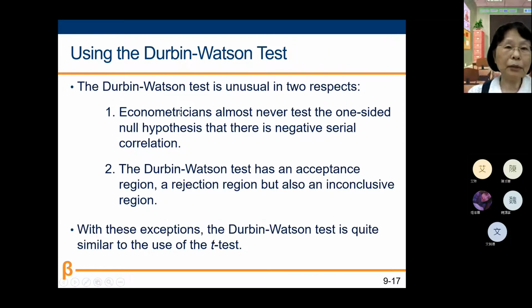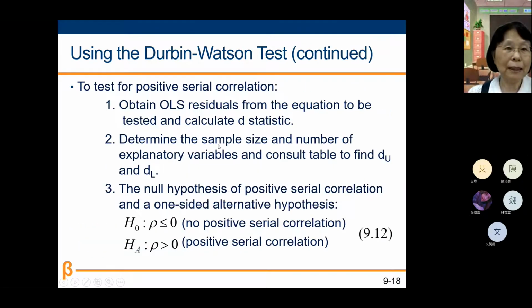So after we understand the Durbin-Watson D statistic, the formal test for positive serial correlation involves these three steps. First, obtain the OLS residuals from the equation to be tested and calculate the D statistic. I think we explained this one.